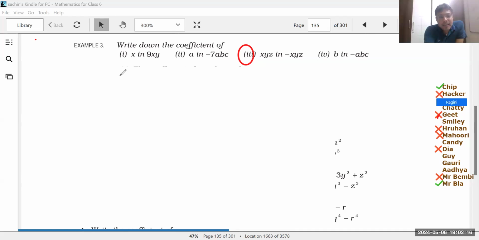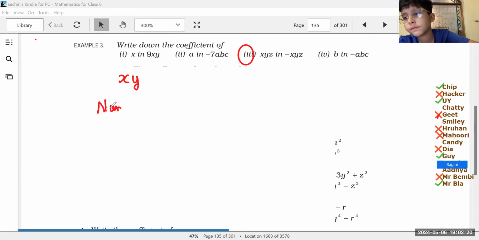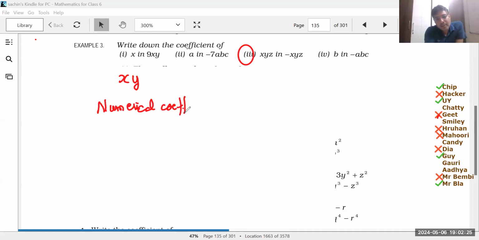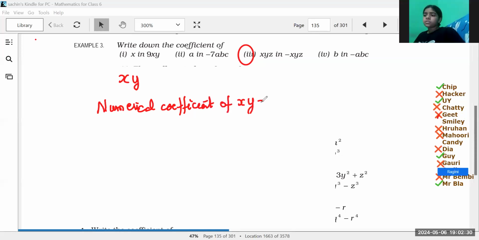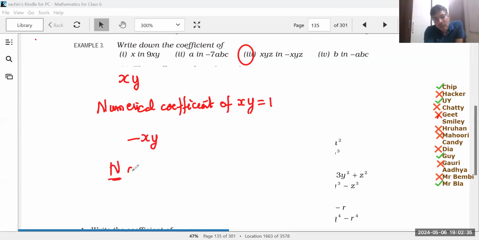गाइस, मैंने अभी बताया था कि xy का न्यूमेरिकल कोफिशिएंट will be 1. Okay, look here guys, it's okay. Numerical coefficient of xy is 1. Let's say अगर मेरा minus xy होता, then the numerical coefficient of xy will be -1. Similarly, in minus xyz, the answer would be -1.